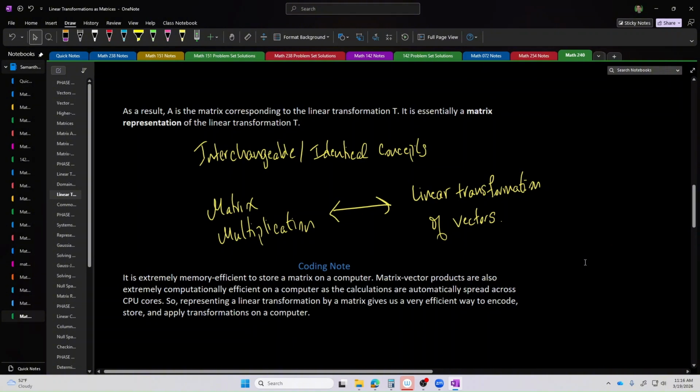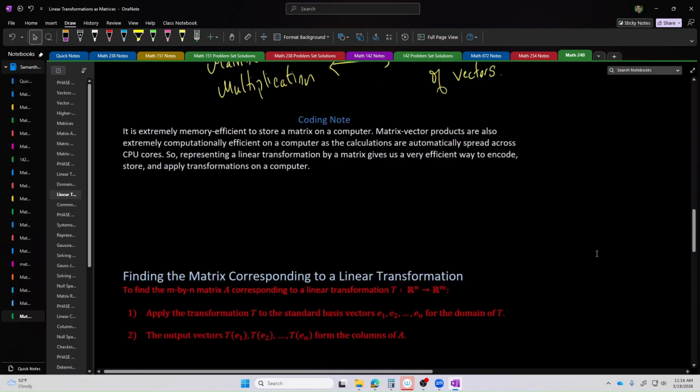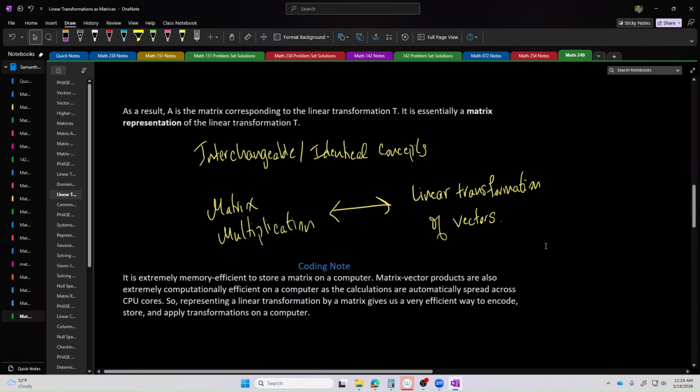And as we've noted several times before now, matrix multiplication is an incredibly efficient data structure. It allows you to do multi-threaded calculations basically automatically. So that's the advantage of taking things and representing them using matrices.